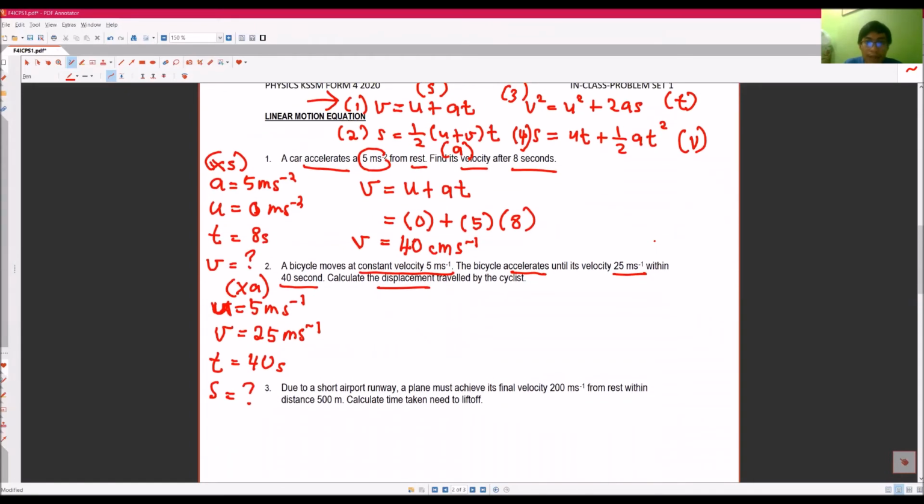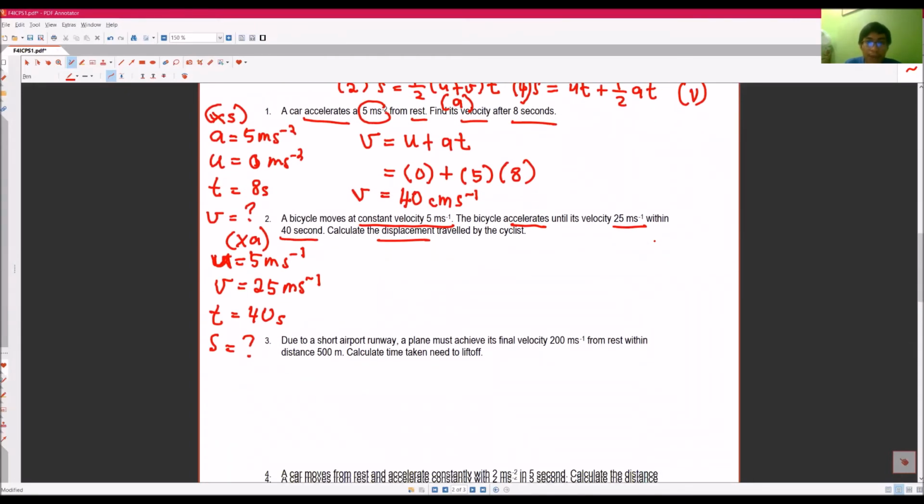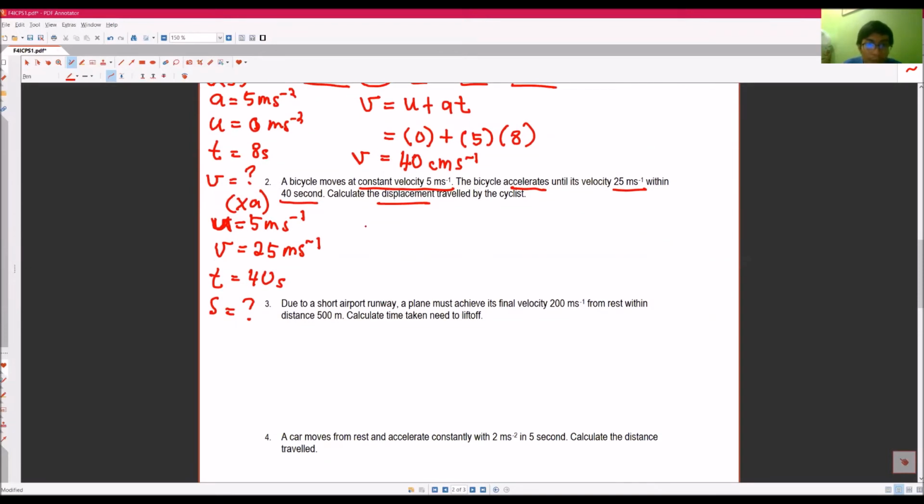So in this case, we use equation number 2: S equal to 1/2 (u plus v) times t. We need to find the displacement, so no need to rearrange. We just plug in like usual, 5 plus 25, times 40, divided by 2, and we get 600 meters for displacement.